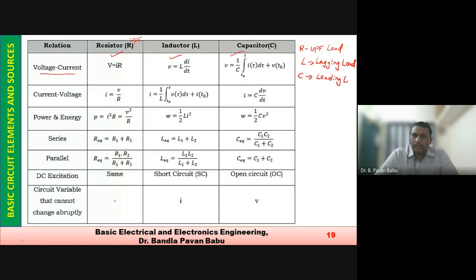Why do we call it lagging or leading? Because of the voltage and current relation. In the inductor, as we have seen in the previous class, when we supply the voltage, the current starts after 90 degrees in ideal conditions. Other than ideal conditions, it will be less than 90 degrees.